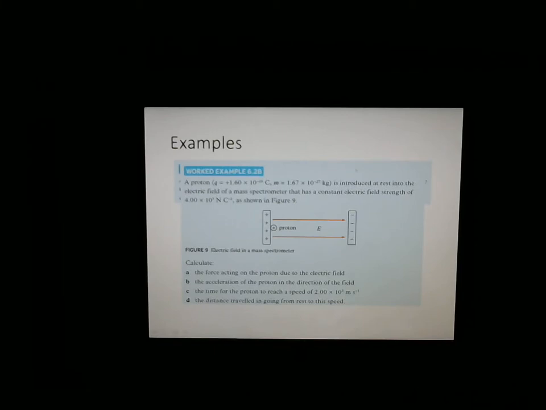Now, what's kind of good for you guys, and I am taking a stab in the dark on this, is that part A here is all about electric fields and electromagnetism, which is part of your current unit. So if you're watching this in a year where I'm teaching this to you in class right now, this would be part of your final exam. But these other three things, the acceleration, the time, and the distance, that's linear motion.